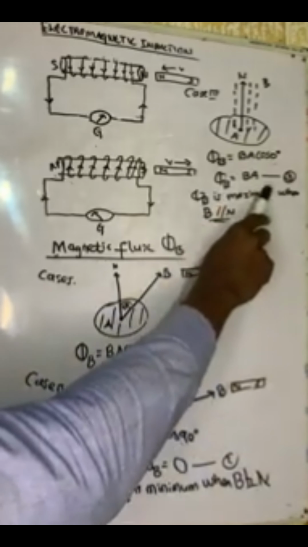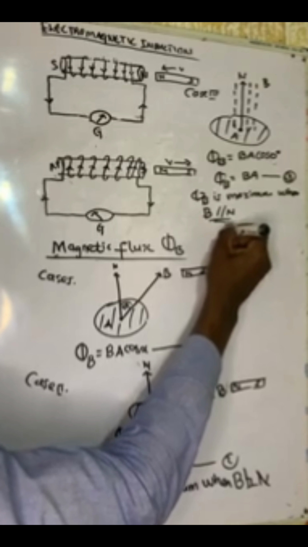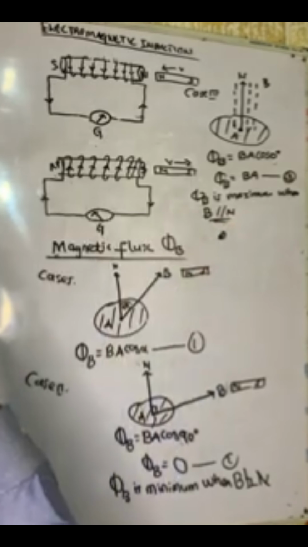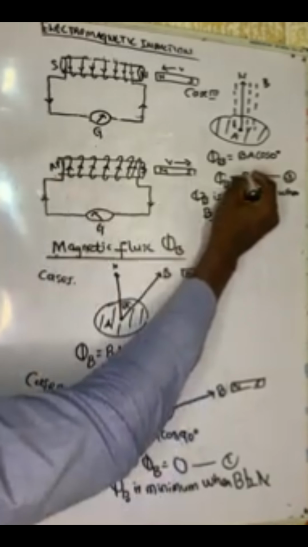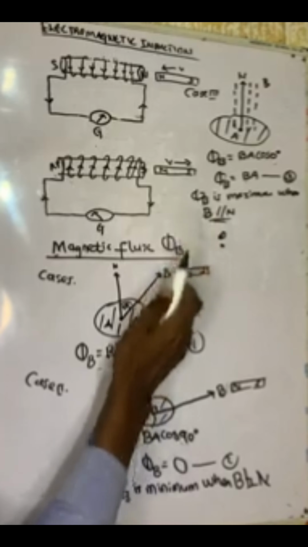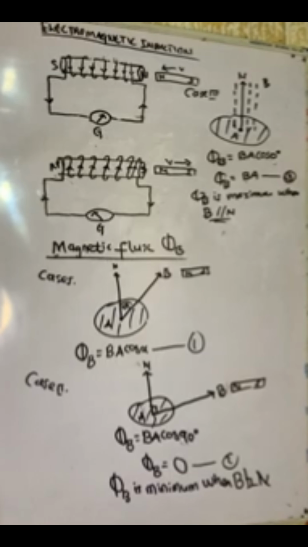You can possibly say the angle between the normal of the conductor and the magnetic field. Don't forget.